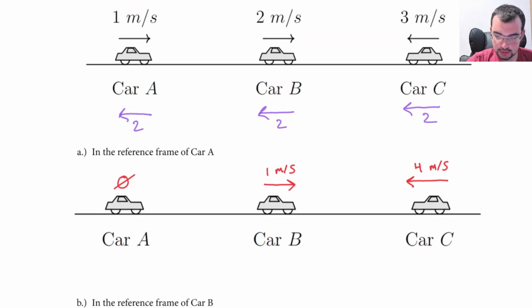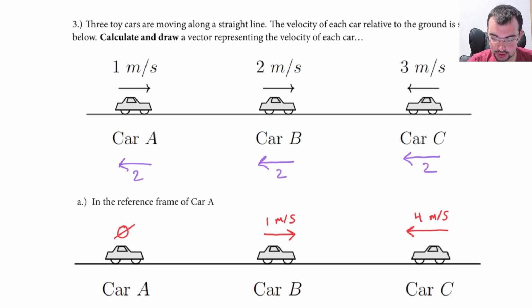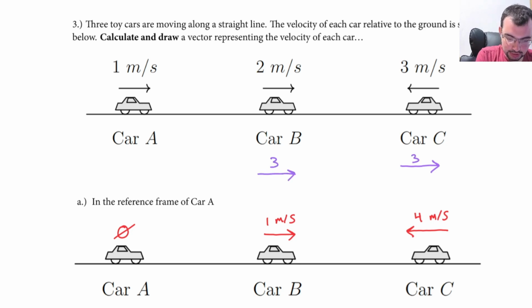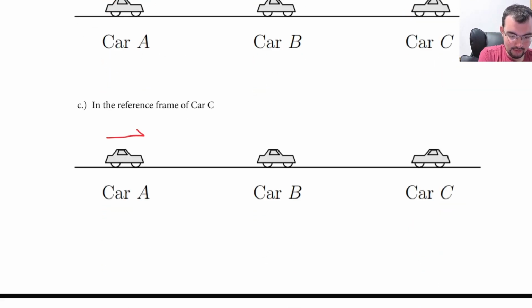And then lastly, we have car C, which is moving at 3 meters per second left. So everybody gets a boost 3 meters per second to the right applied. So car A, that's 3 plus 1 is 4.